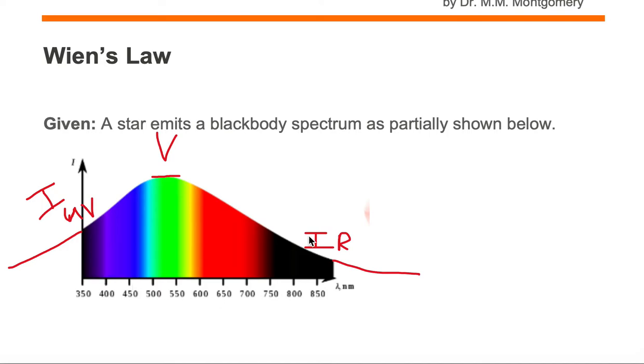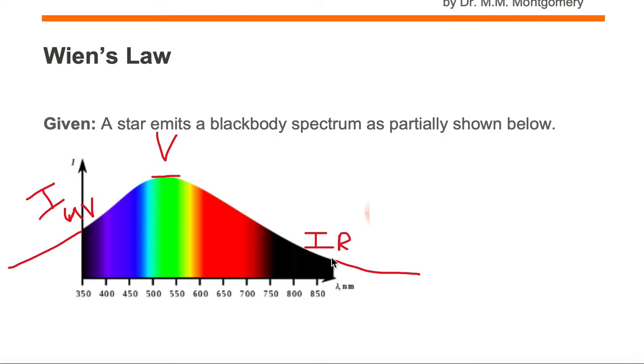So we are given this spectrum based on observations. On the vertical axis, we have intensity, which is the amount of light being emitted, and on the horizontal axis, we have wavelength. As mentioned in the given, we have a partial black body spectrum.